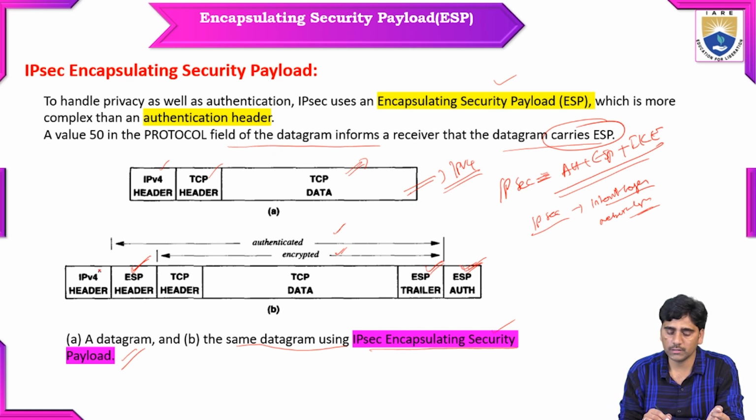So what does it contain? From the TCP header, TCP data, up to the ESP trailer, the data is encrypted.